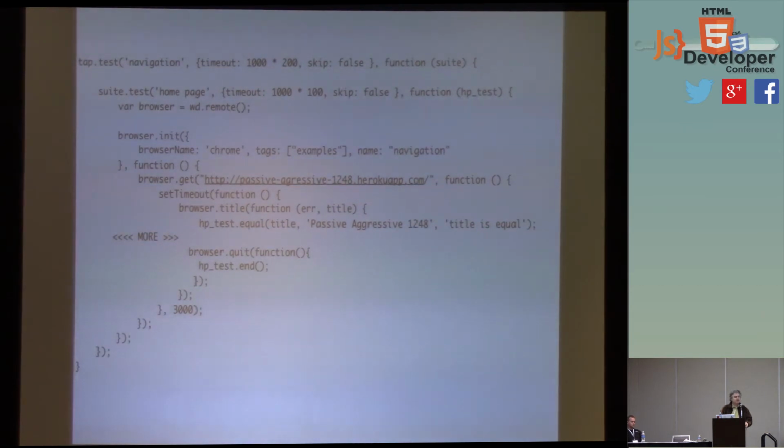This is the basic structure of a test running Selenium in the TAP, Test Anything Protocol, framework. To maximize the test, I hid the requires, but WebDriver is required. It's presumed you've spun up the Selenium server on a separate console. So WebDriver remote will create an instance that you can use to send test commands through.